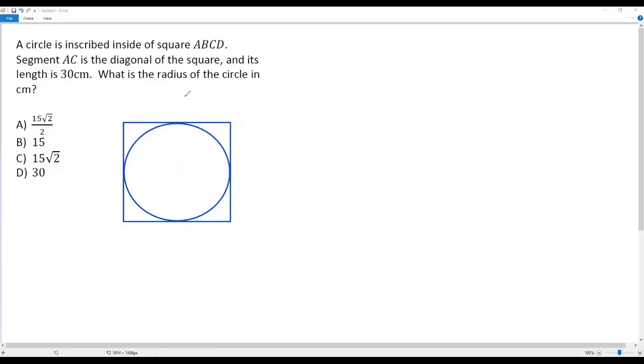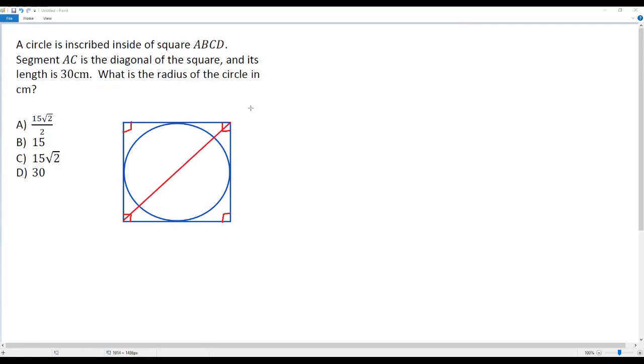Now our aim is to find the length of one of the sides of the square. Since it is a square, at each vertex we will have a right angle. Now let me draw a diagonal to the square over here.